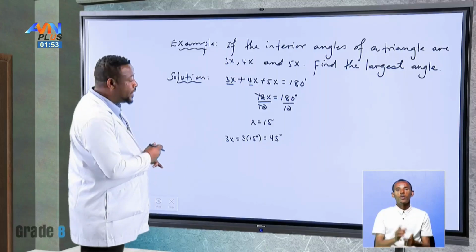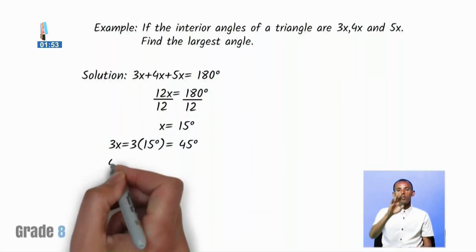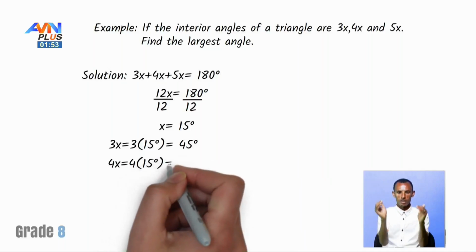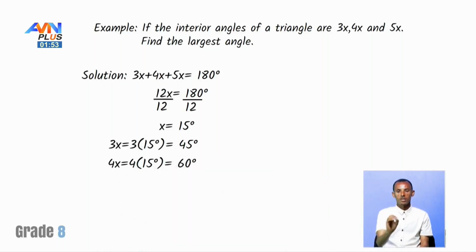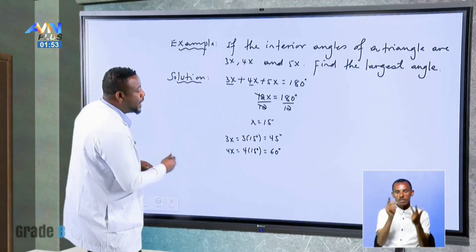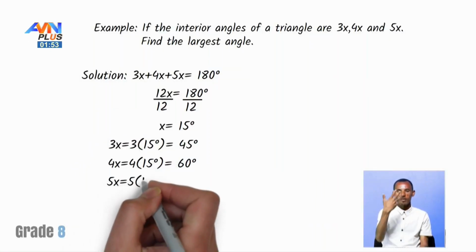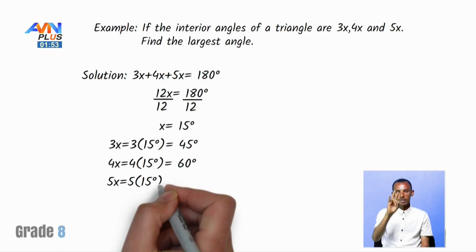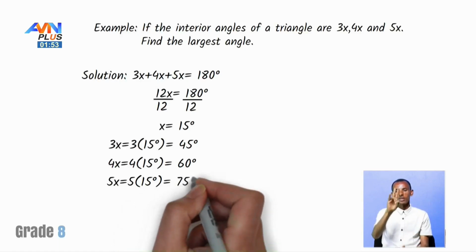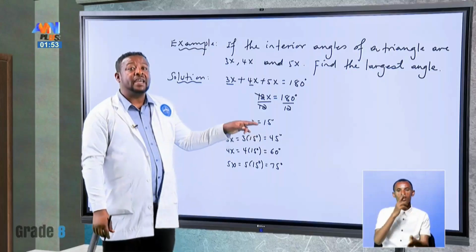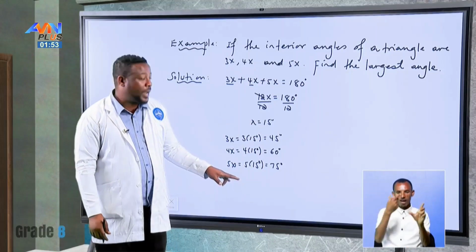The other one is 4x. 4x means 4 times 15 degrees, which is 60. And the third angle is 5x, which is 5 times 15 degrees. And 5 times 15 means 75 degrees, right? So these are the interior angles, okay?